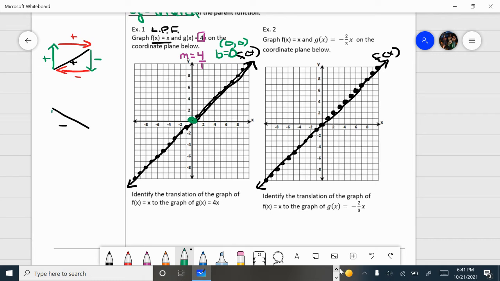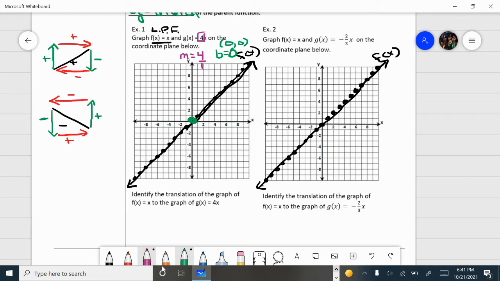There we go. So we go down in a negative direction, and then we go right in a positive direction, because if you recall, negative rise over positive run still gives us a negative slope overall. We could also have a positive rise and a negative run. Again, positive rise over negative run, we're still going to get a negative slope overall.